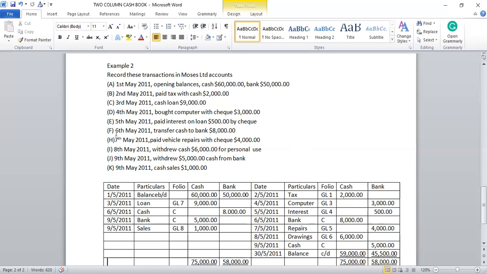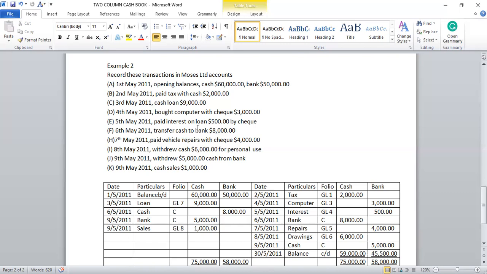So the next one, F, 6 May 2011, transfer cash to bank, $8,000. It's a contra entry. So we come here, transfer cash to bank.